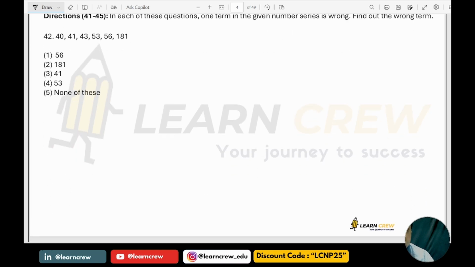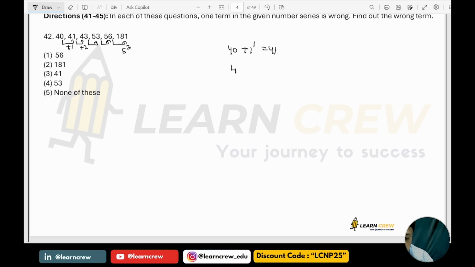Next, question number 42: 40, 41, 43, 53, 56, 181. If you see here, 56 and 181, it is 5 cube now. So 40 plus 1 power 1 is 41.